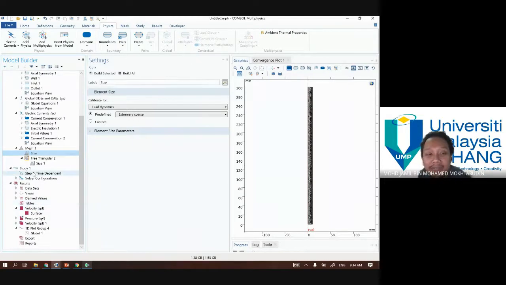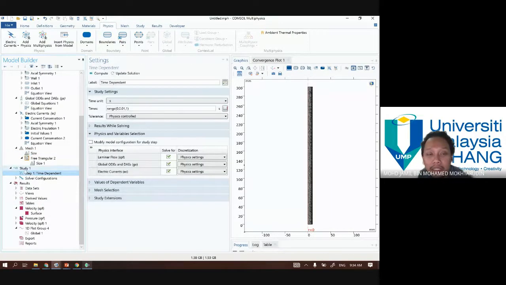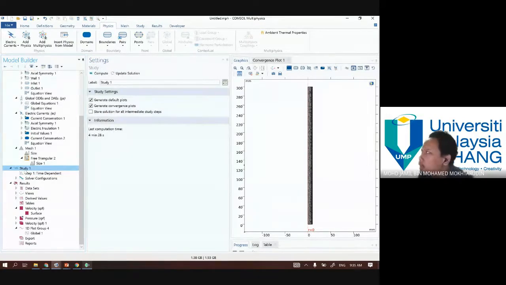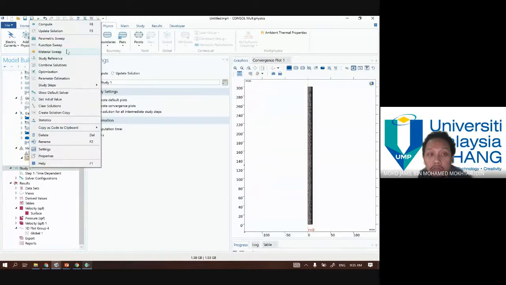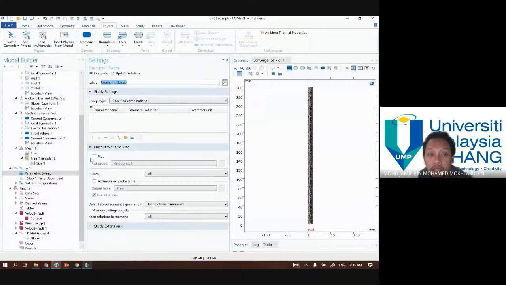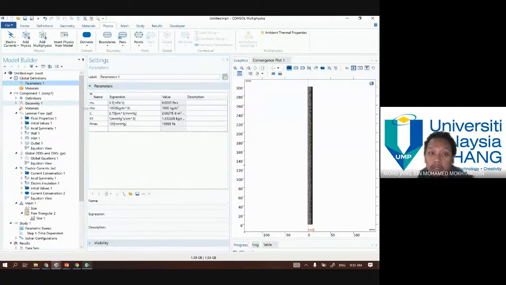And then for the parametric sweep, I think you can refer to the lecture last week. I forgot. I think last week's lecture. So you just choose parametric sweep, and then just add the parameters. So you define the distance of the ground electrode using symbol D. So define it in this parameter.